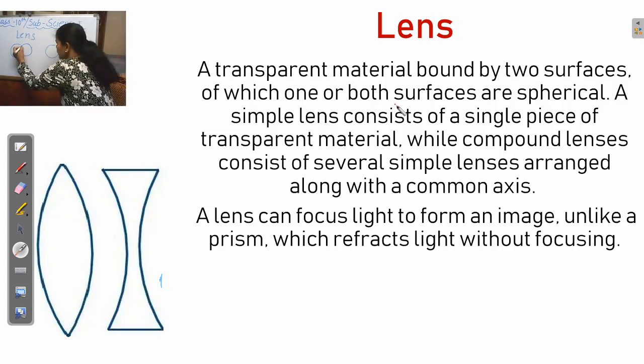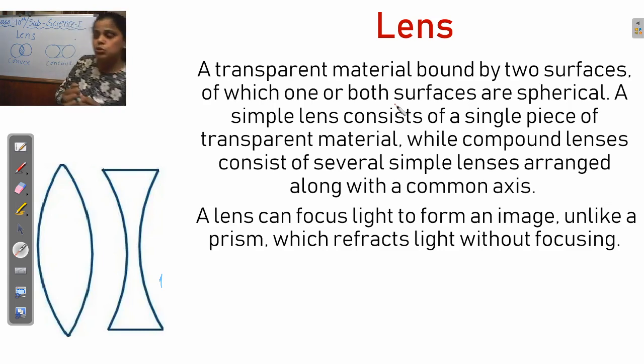So here this is a convex lens. In this lens, this is the first surface, second surface, and this is a concave lens. Here the first surface of the concave lens and this is the second surface of the concave lens. This is the first surface of the convex lens and this is the second surface of the convex lens.